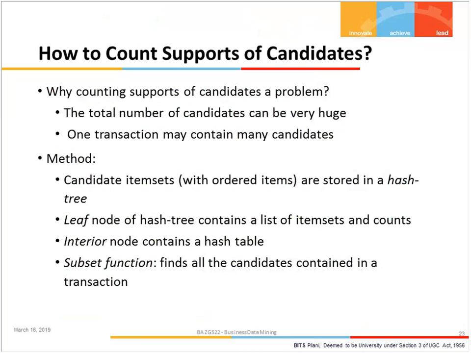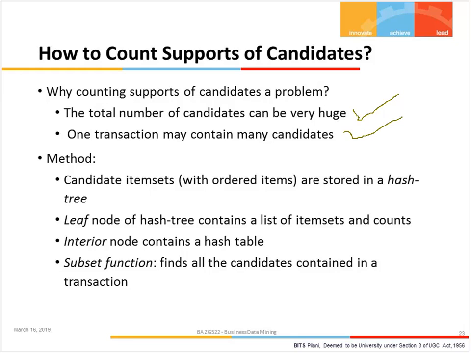Now let's see what are some of the challenges with counting the support. Support counting can create problems for several reasons. One can be that the total number of candidates can be very large, and the other possibility is that a transaction may contain many candidates.